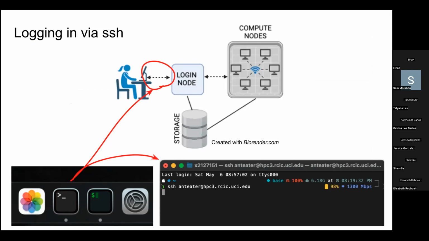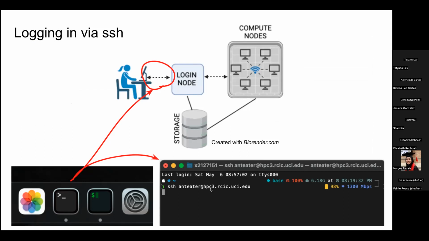First, we're going to start by talking about logging in. This is done through SSH. When you open your terminal, you'll see on your computer screen this big black window. On there, you would just type ssh and then your net ID for UCI, followed by @hpc3.rcic.uci.edu.